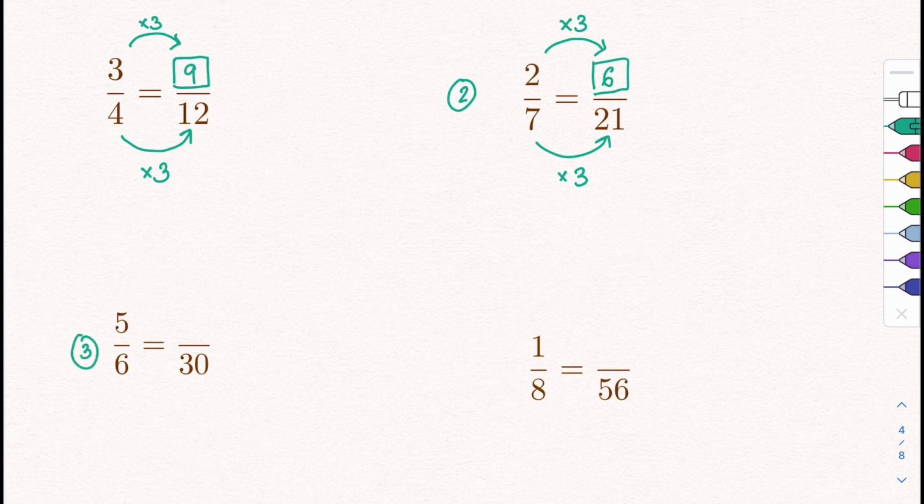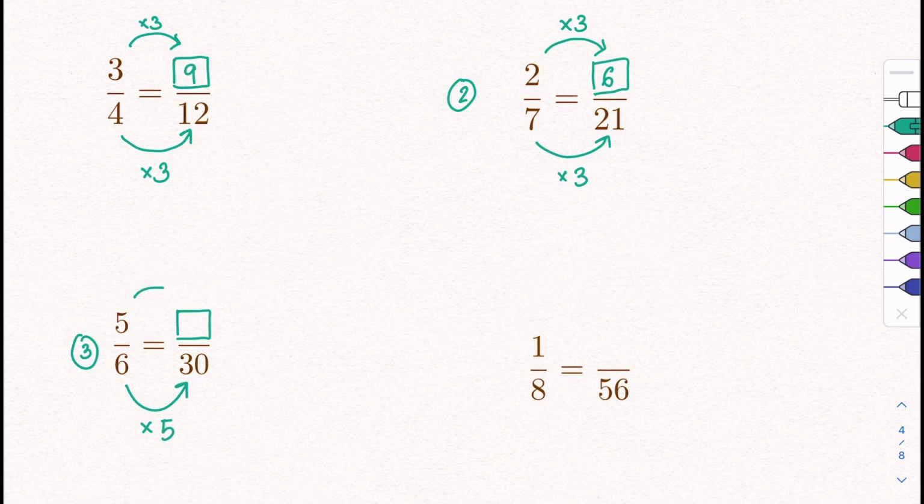Third question here, we have 5 over 6 equaling something over 30. So starting with the 6, it's become 30. So we're going from small to big. So we're going to times something to the 6 to make it become 30. Thinking of your 6 times tables, you know that 6 times 5 will give you 30.